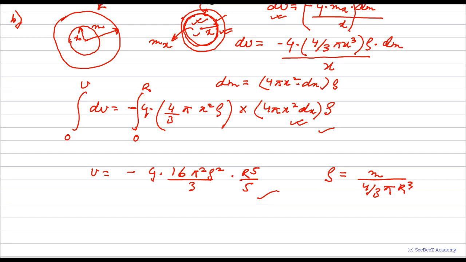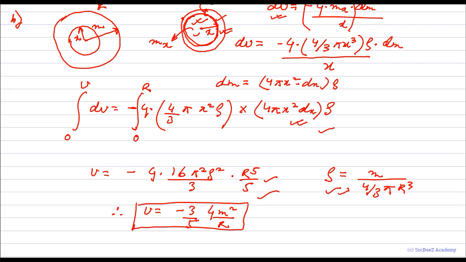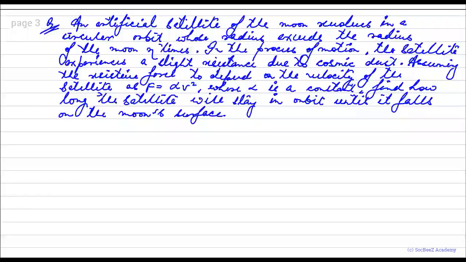Now if I put in the value of rho in this expression, I'll get U as minus 3 by 5 G m square upon R. So this is going to be my proper potential energy of interaction of this whole sphere of mass m and radius R. Okay, let us now move on to the next problem, which is this.